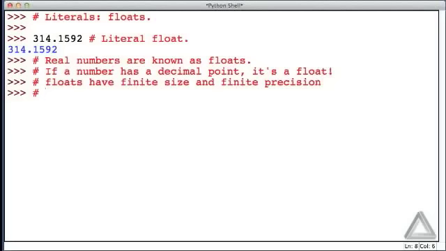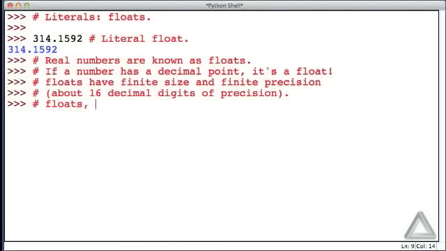This translates into about 16 decimal digits of precision. We mentioned before that ints are stored exactly, but in contrast, floats in general, even if they're not bumping up against that size or precision limit, are stored only approximately. We won't get into all the details of that, but we'll talk about it a little bit.